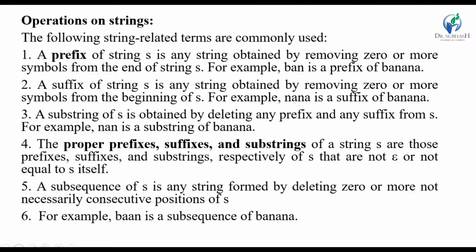Here we use one example, and according to that example, we can identify which types of operations are performed on a string. A prefix of string S is any string obtained by removing 0 or more symbols from the end of string S. For example, BAN is a prefix of banana.